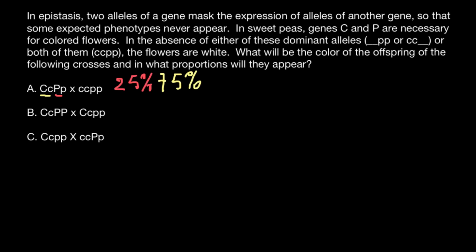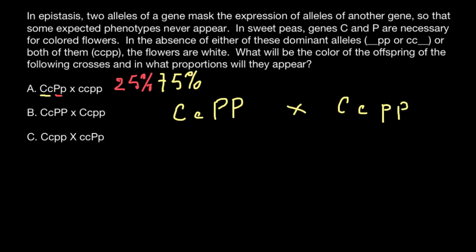And for question B, we have two genotypes. Let's write them down. One would be capital C and small c, capital P and capital P, and we have to cross it with another genotype that is capital C, small p, small p.